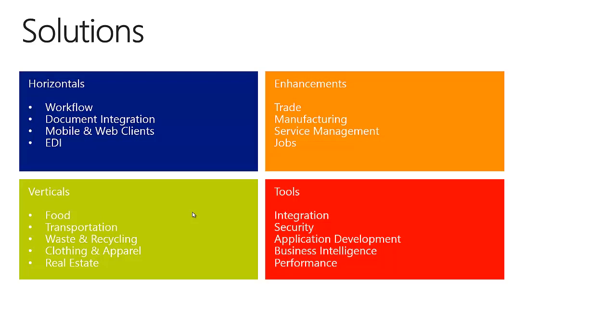Some partners provide tooling. These are features that make it easier to do system tasks in production, such as integration, security, application development, BI, or even performance. There are 2 methodologies to build solutions in Dynamics NAV, and the type of solution determines which methodology to use.